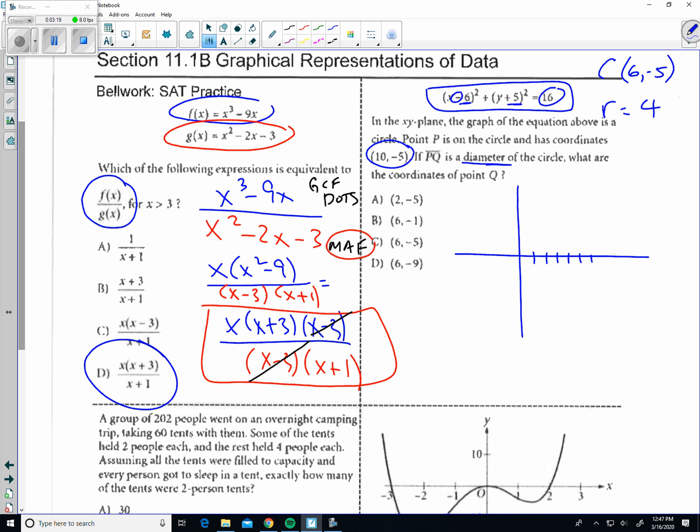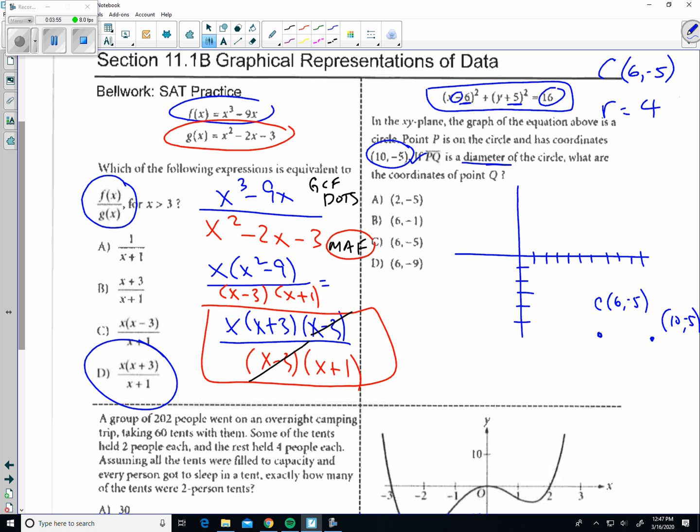In a good sketch, not to be too crazy with accuracy, I plot that point 6, -5 as the center, and the radius being 4 gets me right to the point 10, -5. So 4 units to the right of the center, 2, 3, 4, would be that point right there, which is 10, -5.